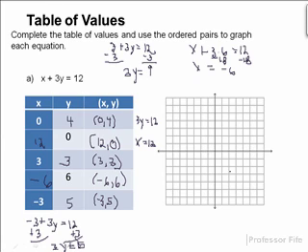Instead of using a scale of 1, I'm going to choose a scale of 2. So each mark here is going to be 2 units. That's 2, that's 4, that's 6, and so forth. You can use a different x-axis scale than a y-axis scale.